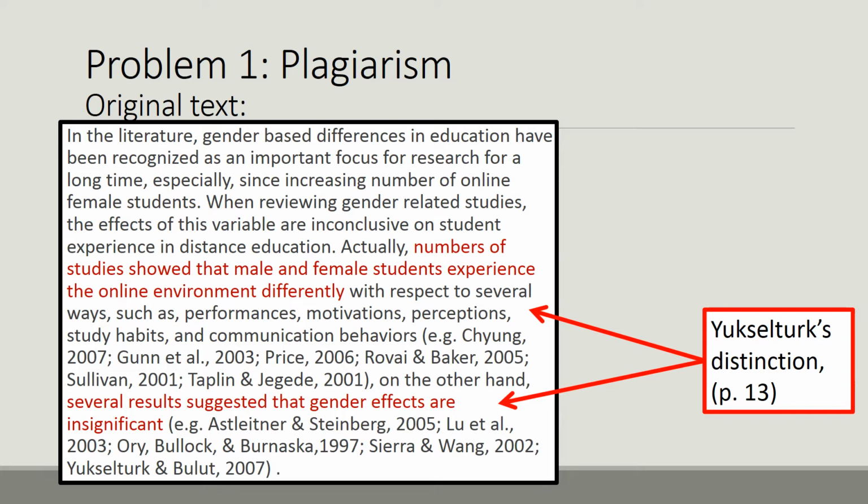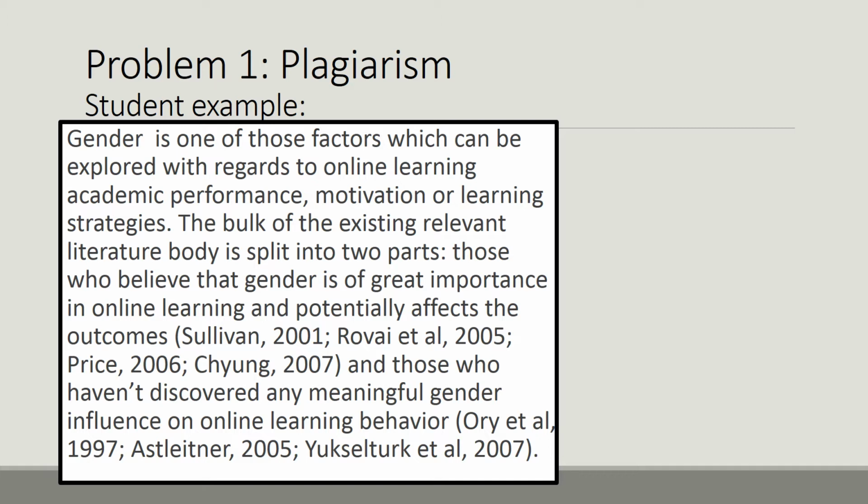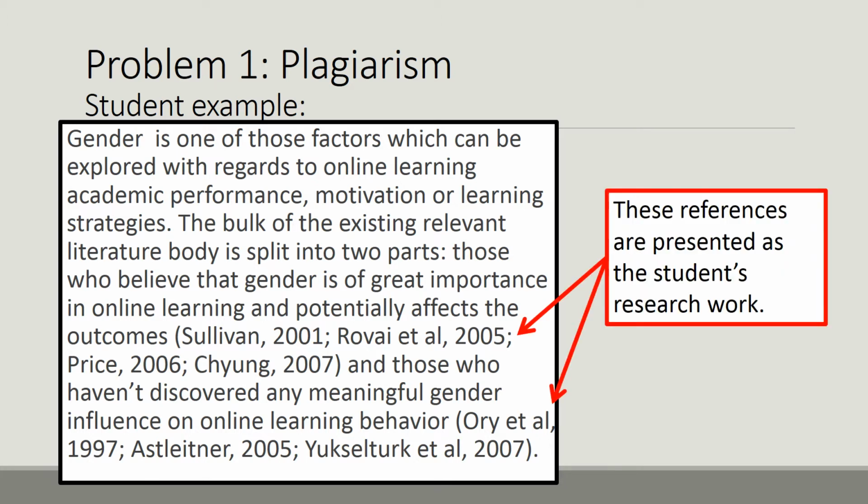So this point is made fairly clearly by Yüksel-Türk, and it is repeated by the student, but it doesn't really indicate that this research comes from Yüksel-Türk's perspective. So just to point out, back at this student example, the student has used these references as their own, right?